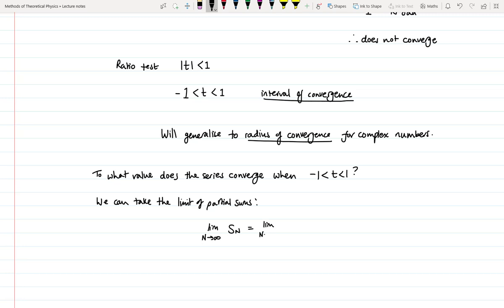It's the limit as n tends to infinity of t to the n plus 1 minus 1 over t minus 1. Now, because the absolute value of t is less than 1, as n tends to infinity, this t to the n plus 1 is going to approach 0. This gives us 0 minus 1 over t minus 1, and this is just 1 over 1 minus t.